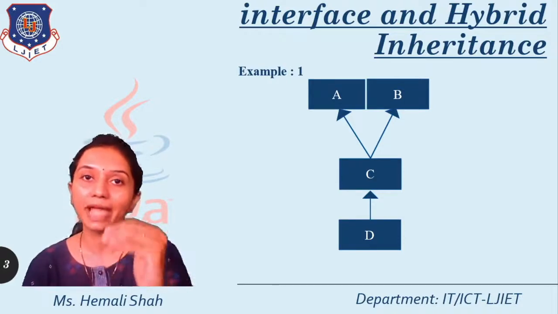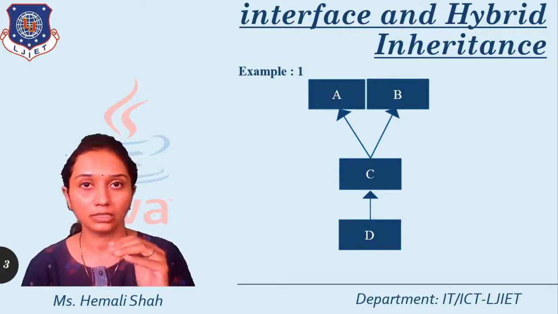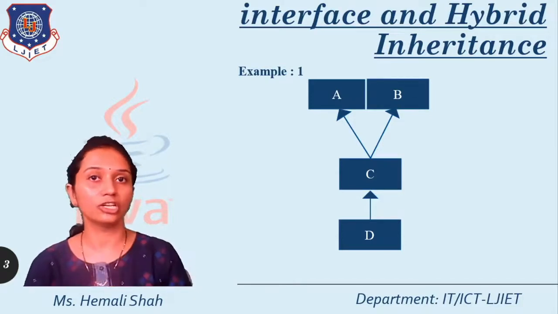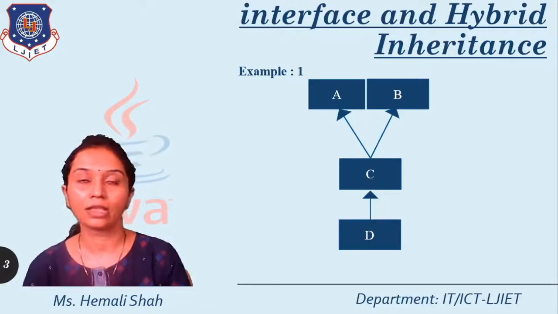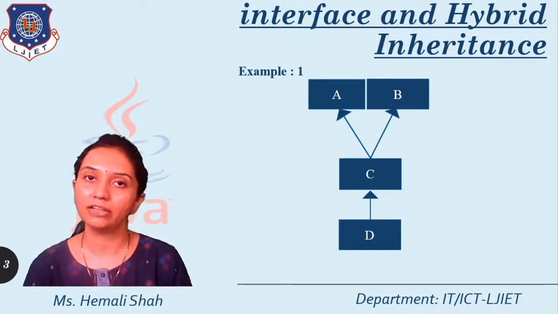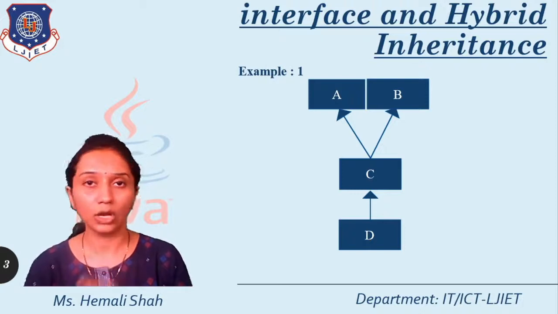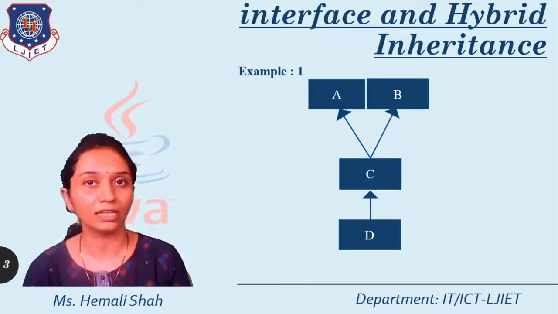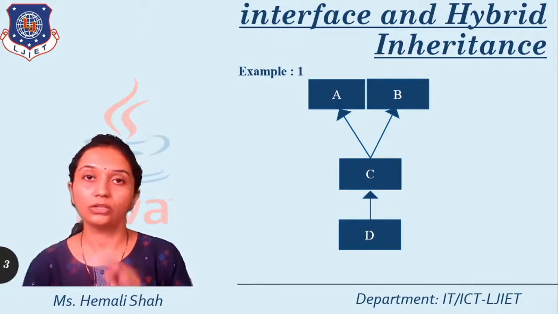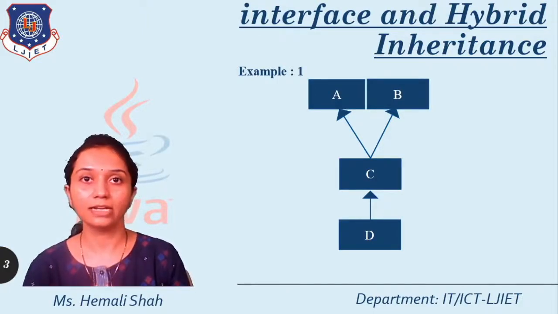That means if your parent is a class, then you cannot create a new interface from the class, because a class is a fully defined thing and an interface is a fully undefined thing. So you cannot create a fully undefined thing from a fully defined thing. So two things you have to keep in mind, right?